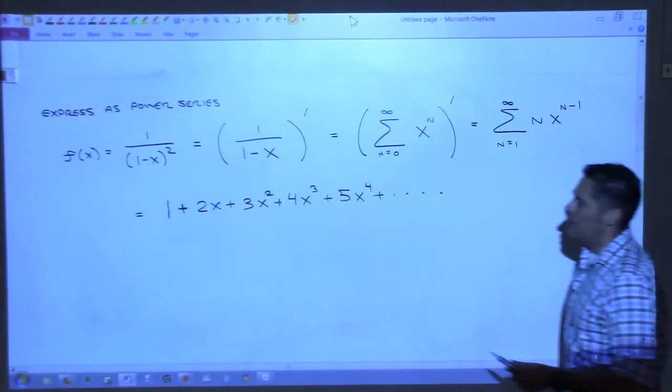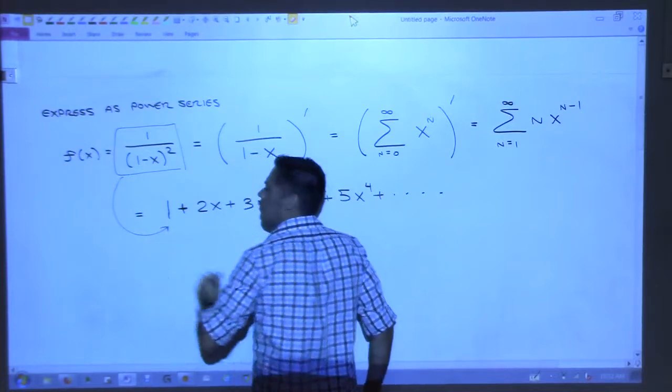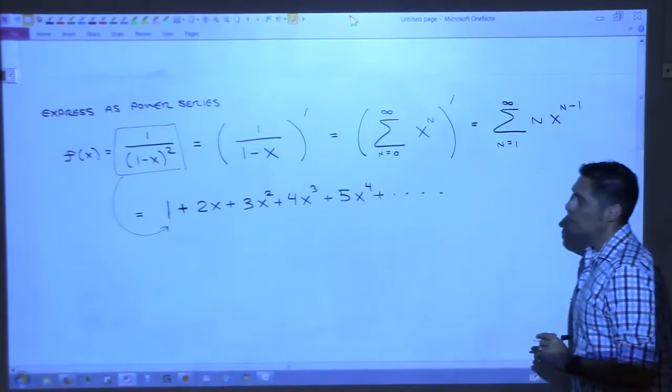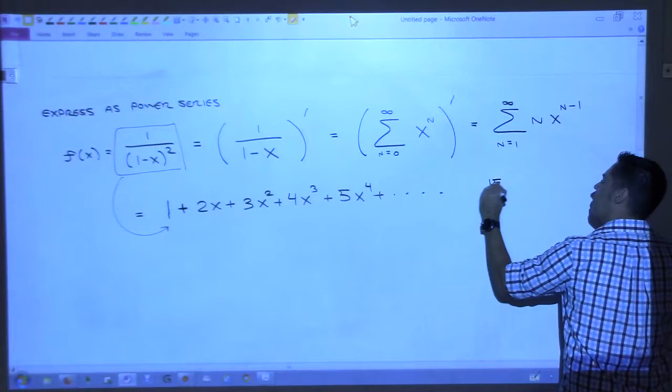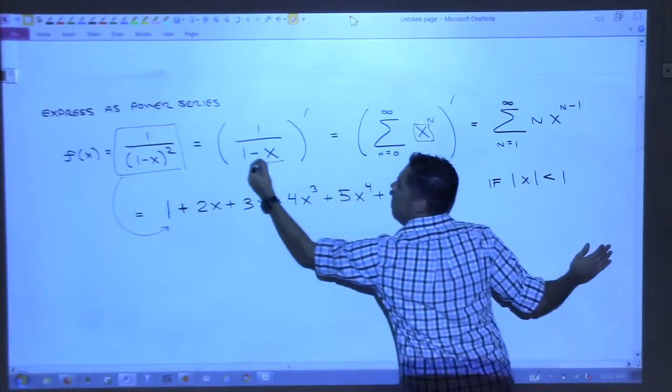What we're saying is that this is the same as this, so long as what? If the absolute value of x is less than 1, because that was our u right there.